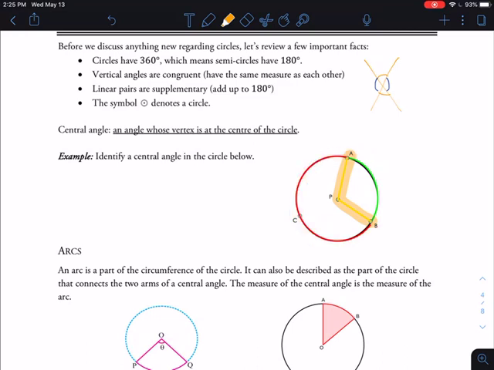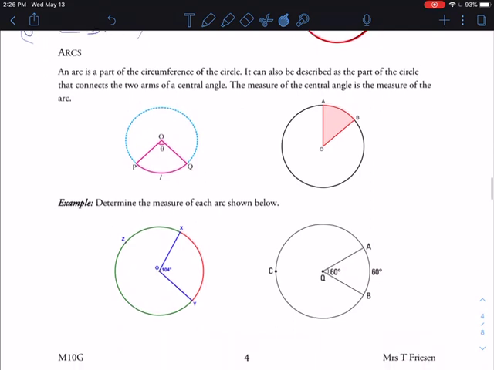I am going to do the first one because it is what most people would have thought of first. So that's angle APB, and yes, it would be fine if you named it the other way. Okay. So that's the angle.